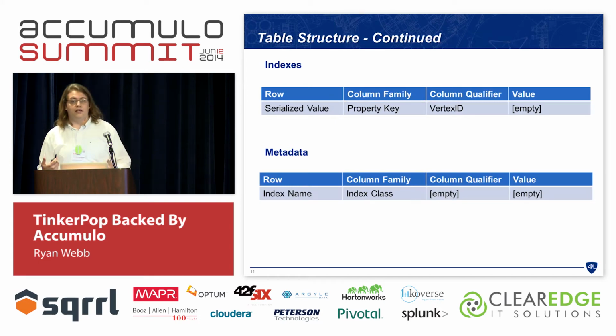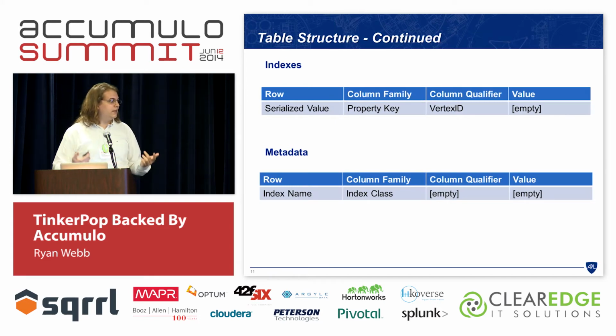The obstacles we faced with this implementation are that existence checking is expensive. If you want to add a few edges or a few vertices and edges to your graph, you have to go and make sure they're not there first. Writing every graph object out is expensive. If you want to add edges, you have to make sure they're written to Accumulo before you can add the next one. Building indexes post-ingest is expensive.